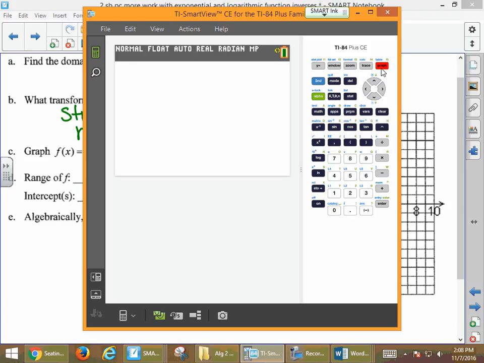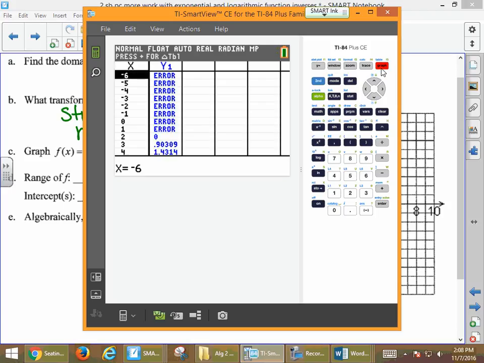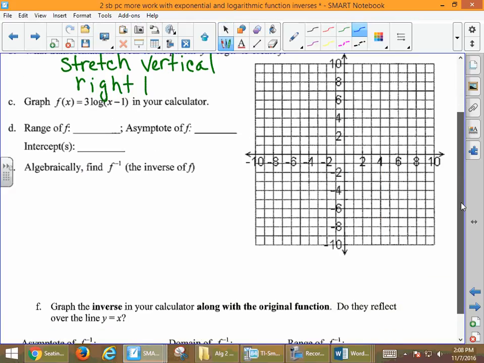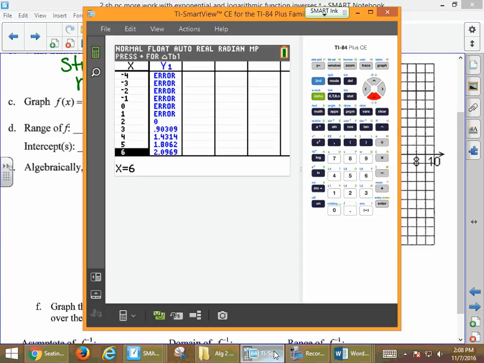But when we go over here to the table, and I scroll through to get a couple of values, we see the 2, 0, which is a nice value for us to use. But as we scroll a little bit more on our table, it doesn't quite fit on the graph, but we can make it work for us.